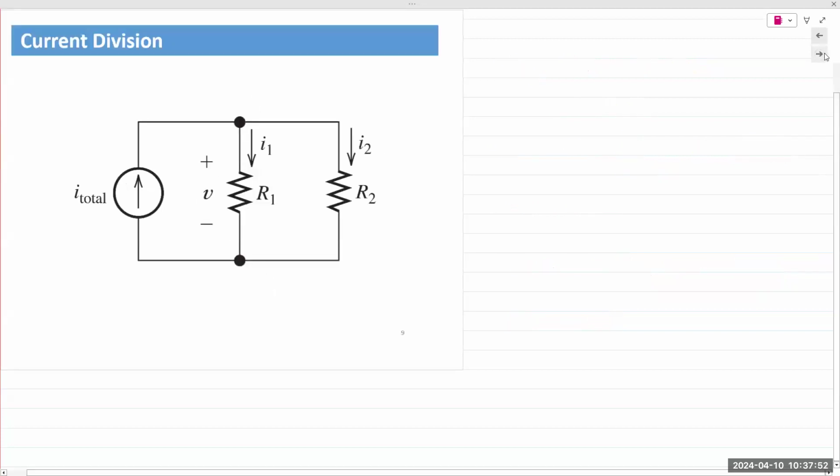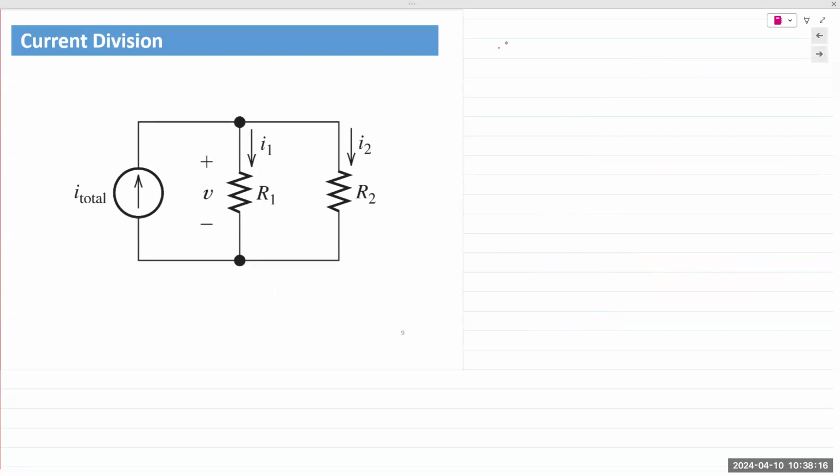Then we get to current division. Current division applies to parallel circuits. In a parallel circuit, 2 nodes, so voltage always remains the same, right? The voltage that appears in a parallel network of resistors is a result of all of the resistors working together. It's a combined effort. So whatever voltage we obtain remains the same for every branch of the circuit. However, current gets divided.